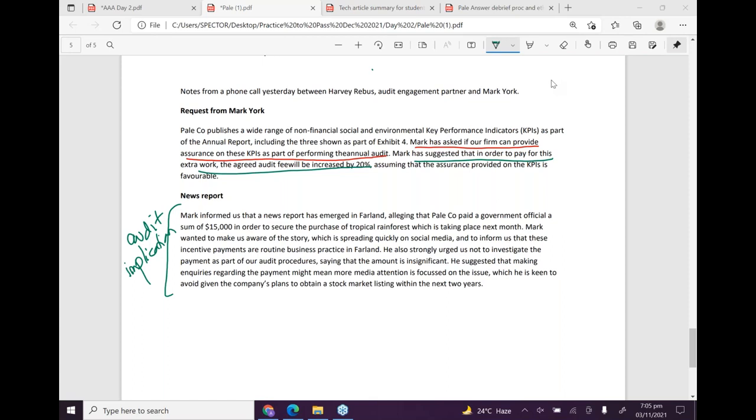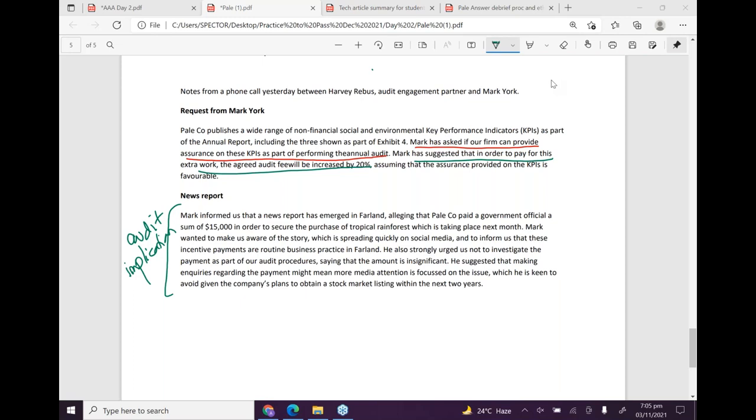Yep, Dua, for audit, it is not allowed. Ahmed, contingent fee for audit is not allowed. For non-assurance and other assurance services, it's allowed, but you shouldn't really do it.